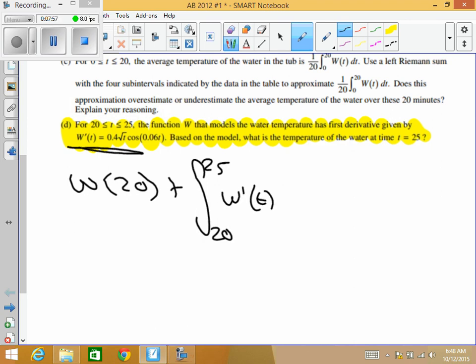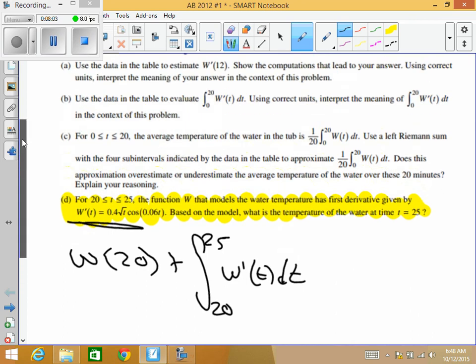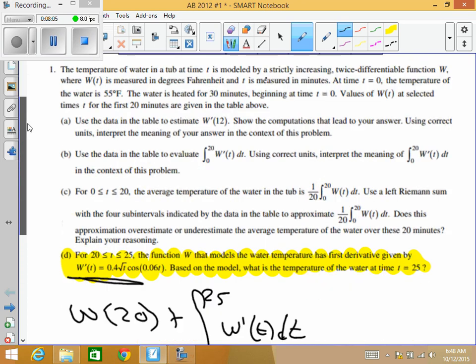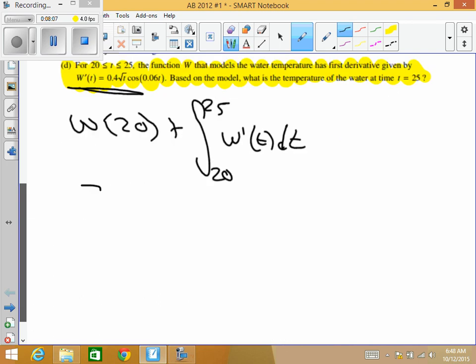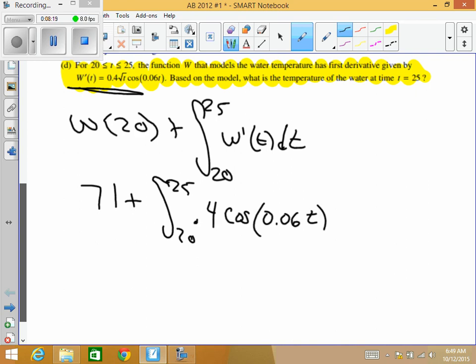But we know what W prime t is on that interval. And we also know what W of 20 is. From the table, we know W of 20 is 71. We know the equation for W prime t is 0.4 cosine of 0.06 t. That was given to us in part D.